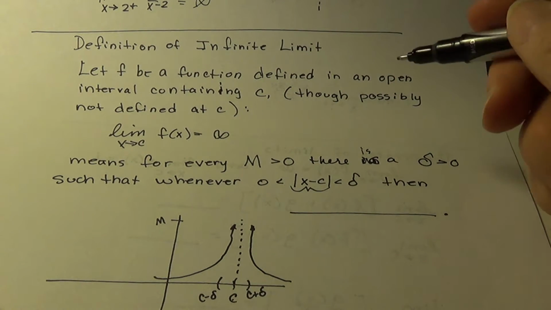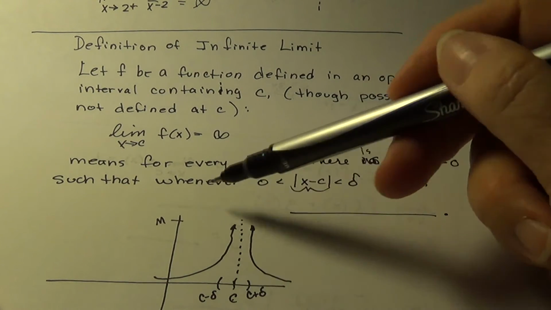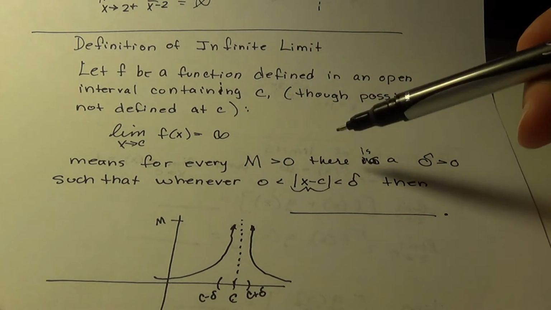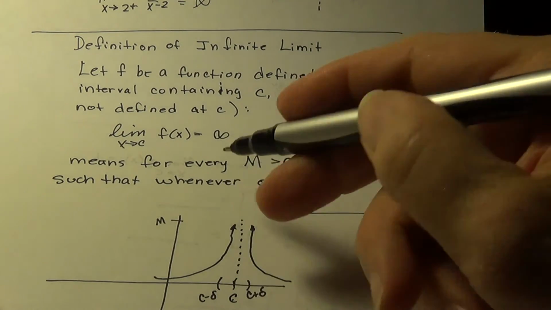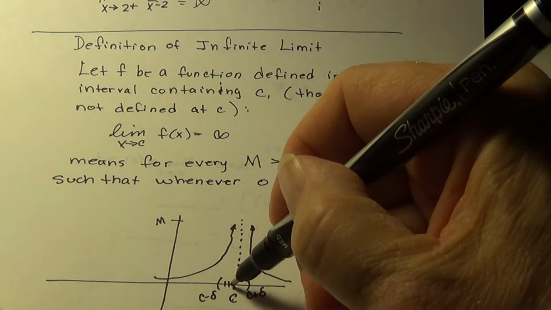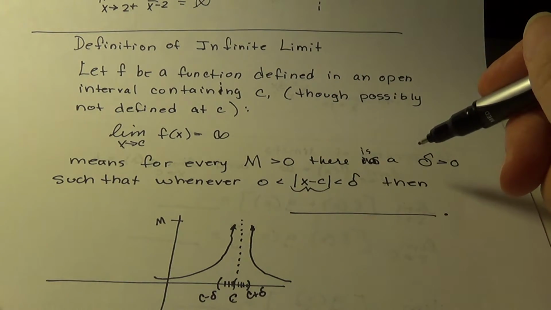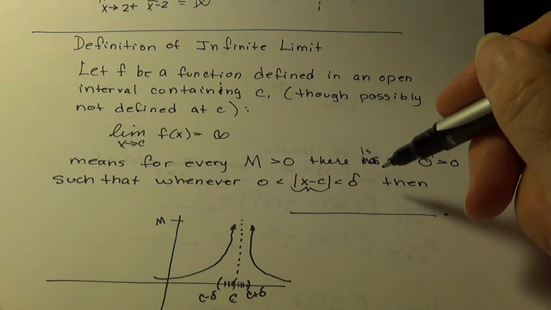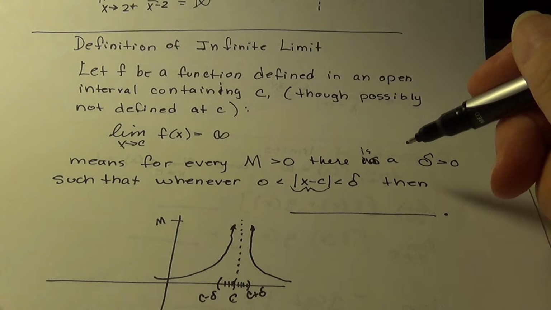And can you see what would follow then? In order for this to have an infinite limit, what's going to happen when I restrict my selection of my x values to be close to c, within delta of c? Then what's going to happen to the function if indeed this is the limit?